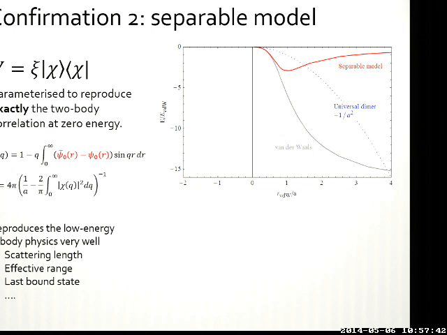If you add more terms, can you reproduce it further in energy? You mean more terms here? Yes, presumably. Obviously I haven't done this calculation, but the technology to do that is well known, right? Because you can force the separable potential to reproduce the underlying T matrix at some set of energies.